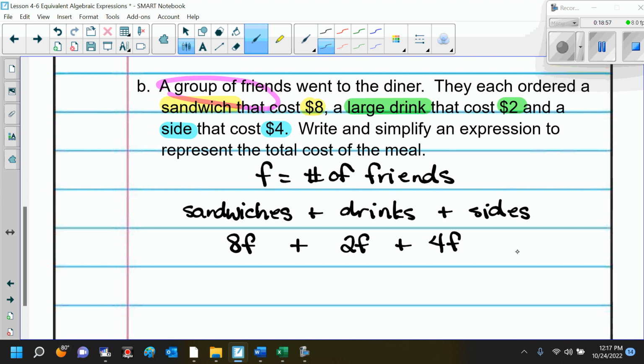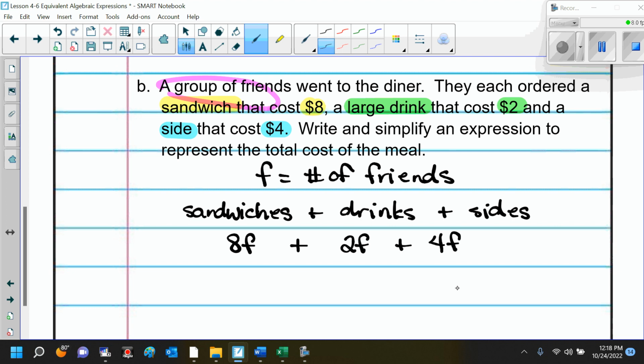Okay? So if there were 7 friends that went, then F would be equal to 7. So we'd multiply everything times 7. If 4 friends went, we'd multiply everything times 4. F would be equal to 4. We don't know how many friends are going to the diner, so that's the reason why we use the variable.